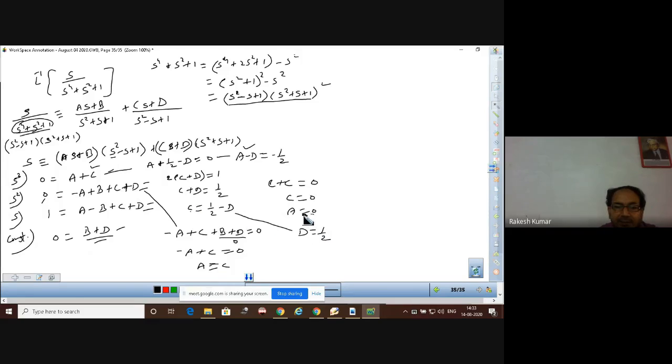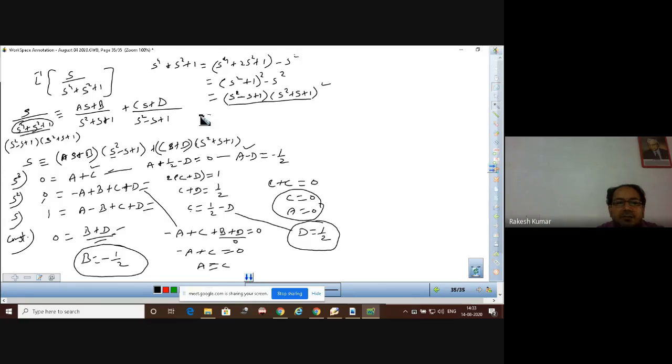And if you use D is equal to 1 by 2 here, the value of B comes out to be minus 1 by 2. Ultimately, we can say that the value of B is minus 1 by 2, the value of D is 1 by 2, the value of A and C are 0.